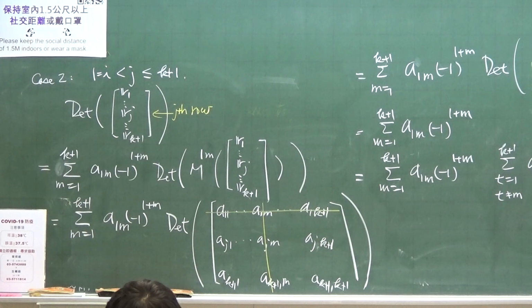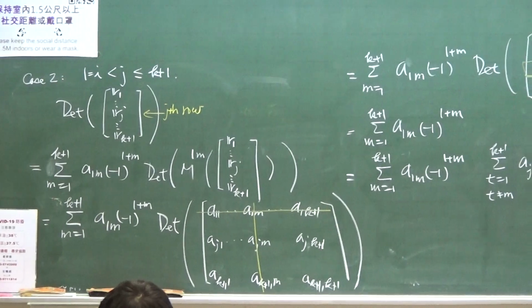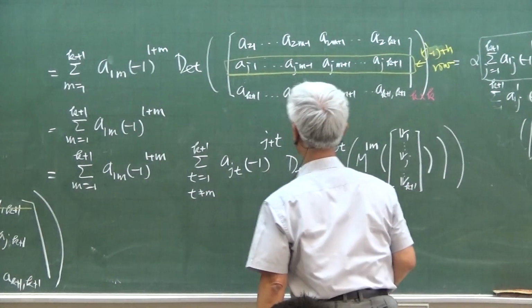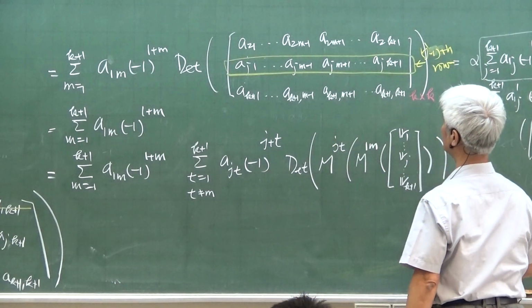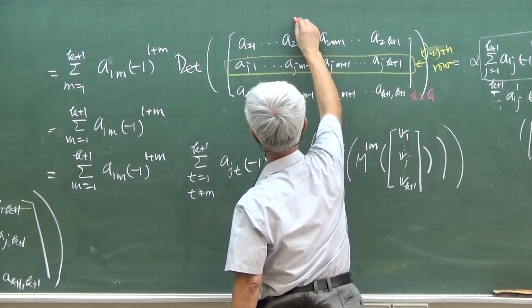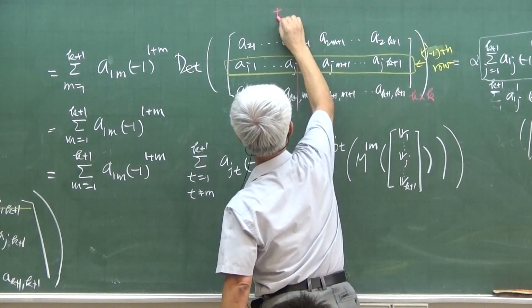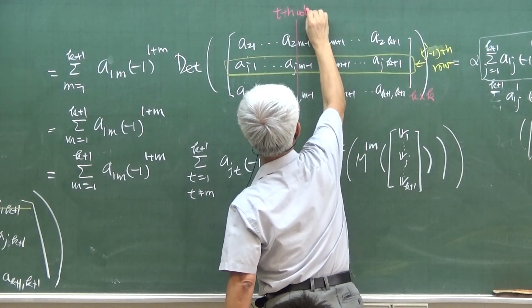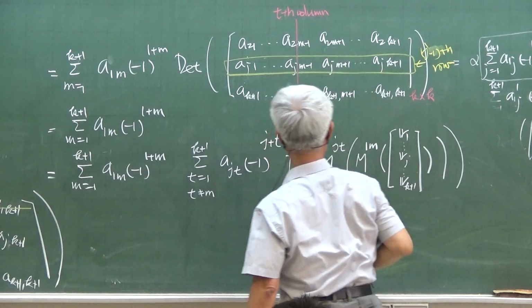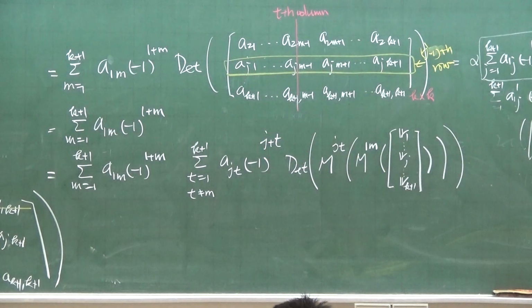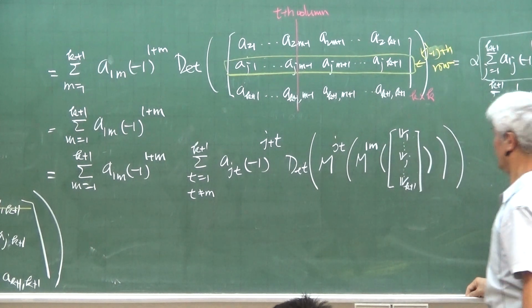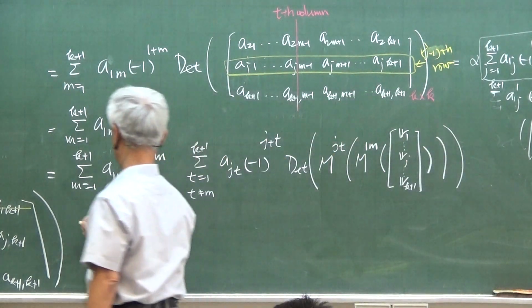1, 2, 3. All right. So for example, this is this column. So we have this column here. Okay.